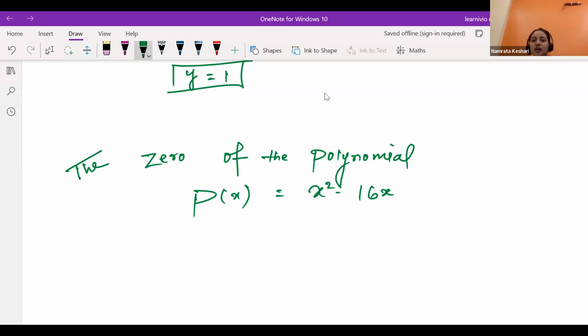Yeah, what did you say, Arhan? Ma'am, taking different values. x is equal to 16. Arhan, you said two different values? Yes, ma'am. Let me know what the two different values are.